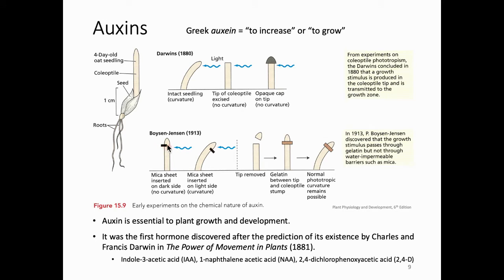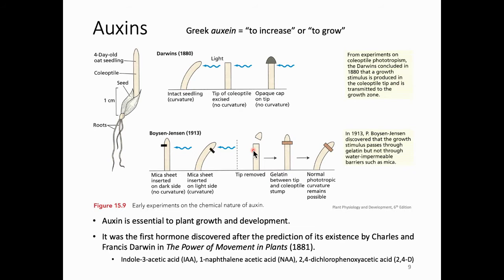If they put the mica sheet on the shaded side, there will be no bending at all. But if they put the mica sheet on the illuminated side, the plant can still bend toward the light.